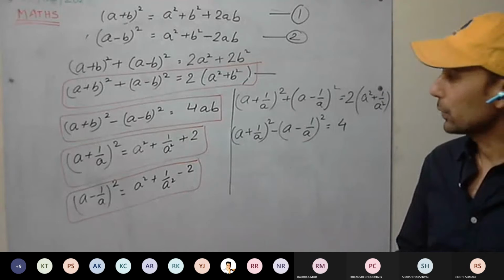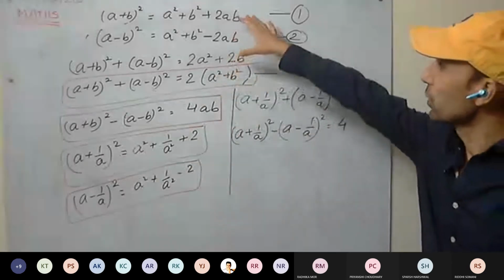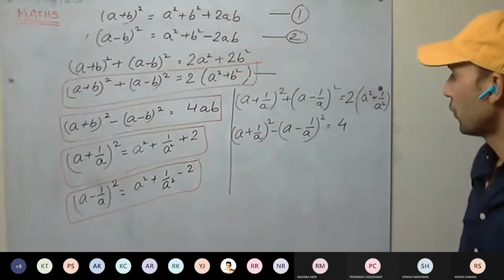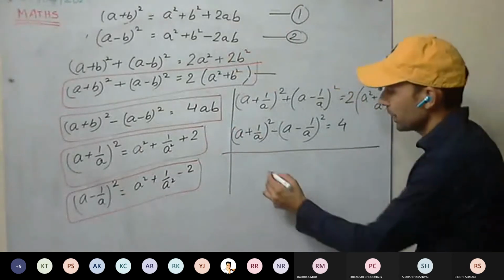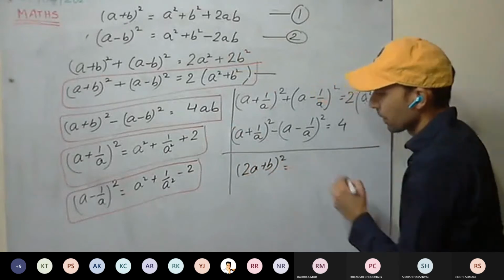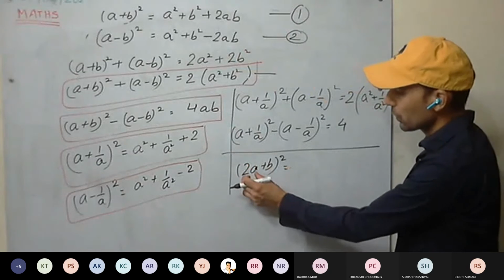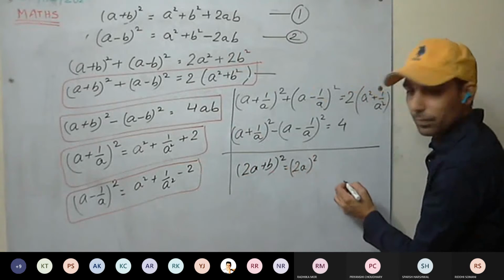So at home, what you have to do, go through these identities, solve them, and see how we have got them. Okay, fourth first, do fourth first. It is (2a plus b) the whole square. Expand it. So what will this be? First term square plus second term square. Always write the first term square.